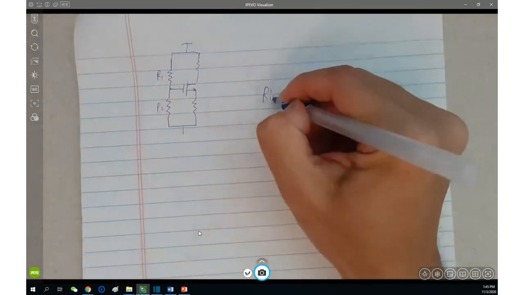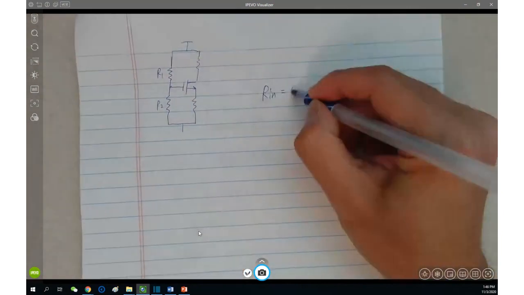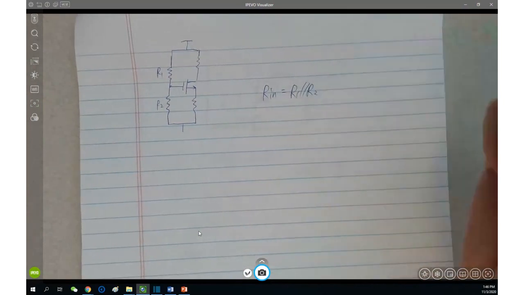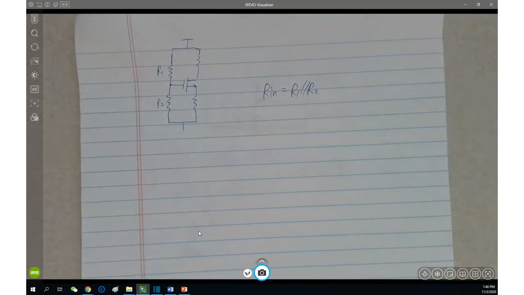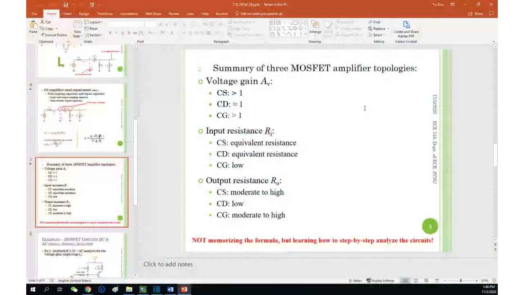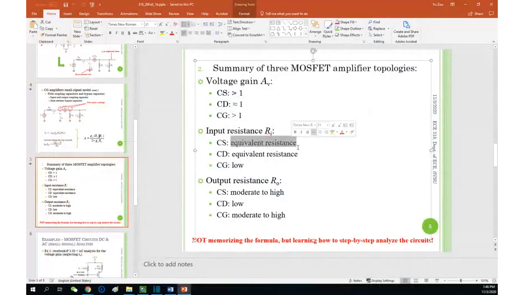So the equivalent input resistance is what? R1 parallel with R2. So if you make R1 and R2 big enough, or say make their parallel combination big enough, that equals the input resistance here, which means you're able to design a big one. This is the so-called equivalent resistance.